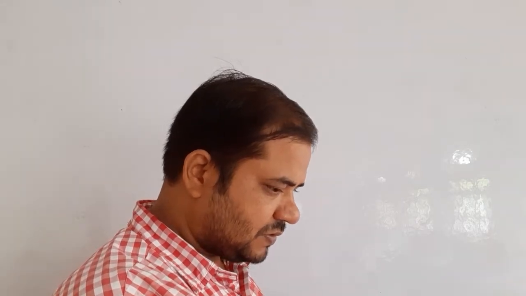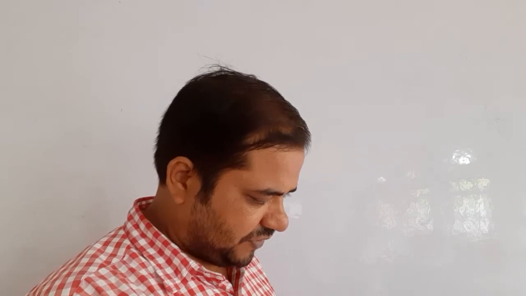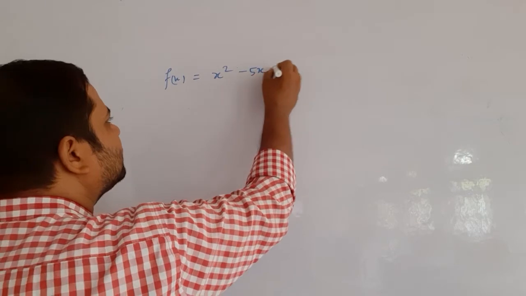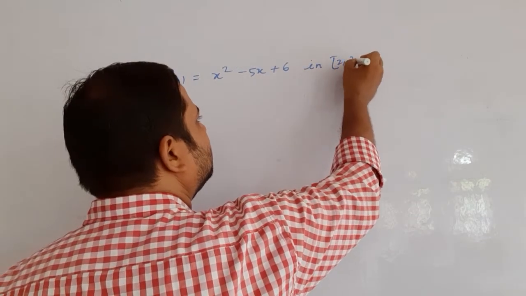So see question 8. Write down, verify Rolle's theorem for the function f(x) is equal to x square minus 5x plus 6 in interval [2, 3].